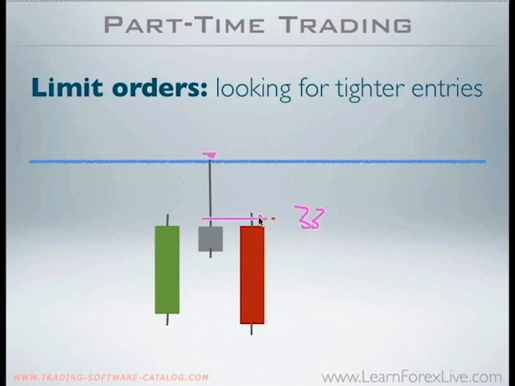Okay? Assuming price does indeed from the closing point retrace all the way up, you get hit, you get executed into the market, and from there price begins to move down, which is usually the case. Well, once price ticks below the low of that hammer formation or any other candle that we were using in order to trigger our entry, you simply go into what we saw on previous videos.